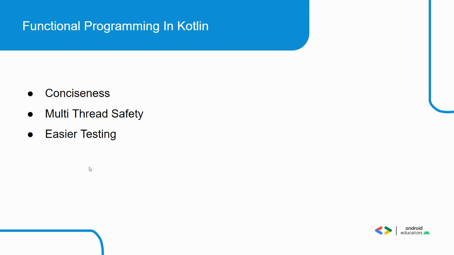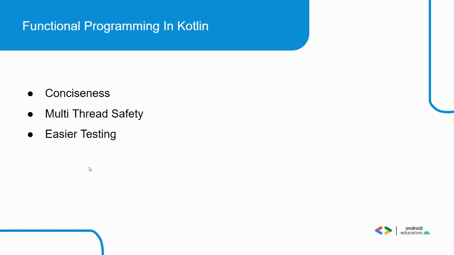Since, as I said, Kotlin gives you the power of immutability, that means multi-threading safety. Let's say you have two different threads running, and there is a chance that the two threads can update your data. Why are they able to update it? Because that data is mutable. Mutable means variable, which means it can be updated.